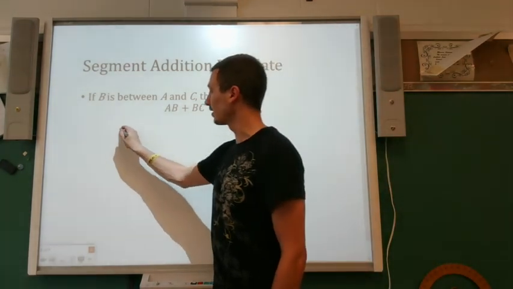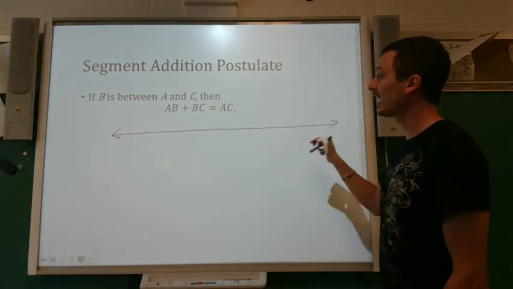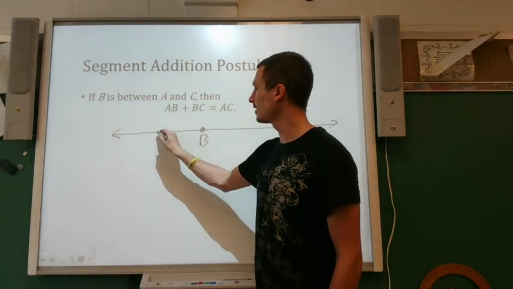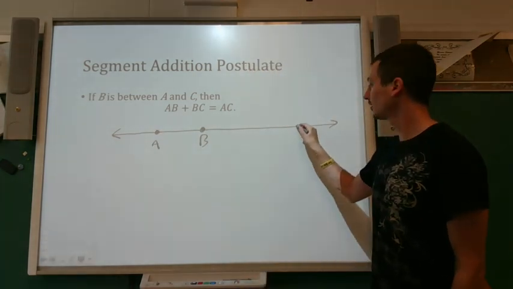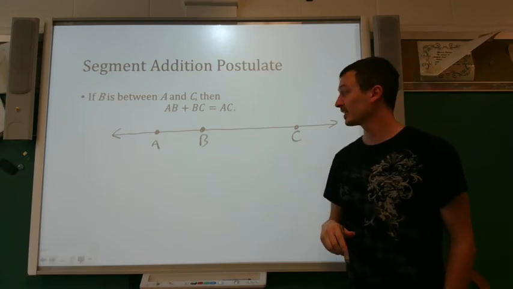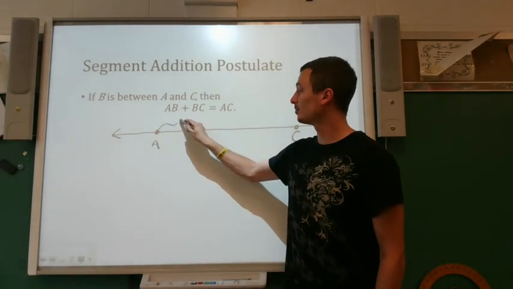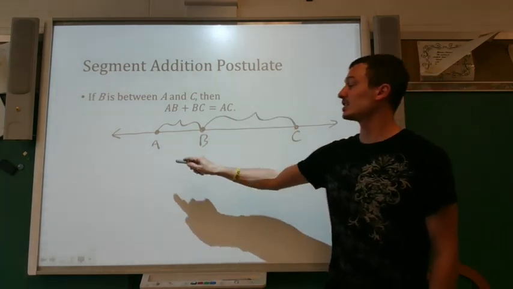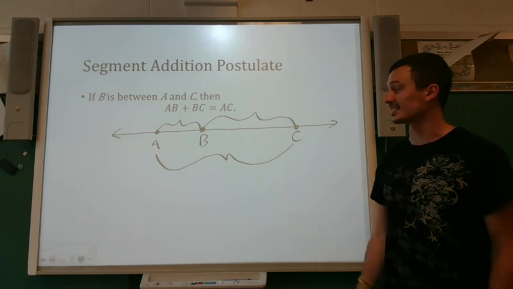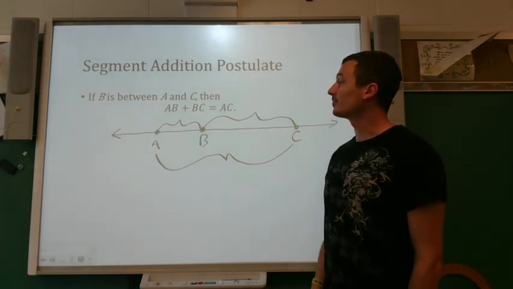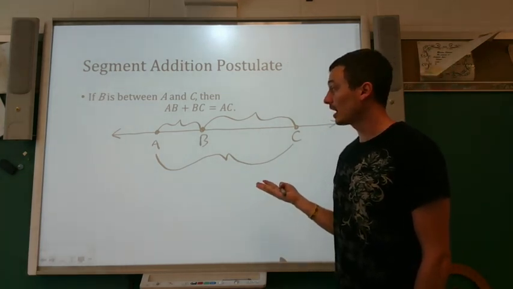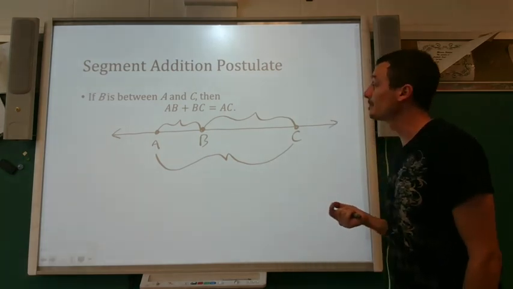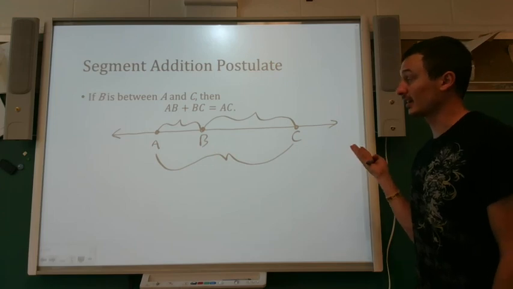If I have some line here, and B is between A and C, so maybe B is right here, A is right there, and C is right there, the distance between A and B plus the distance between B and C is the whole distance between A and C. So that's all that says. It sounds pretty complex, but that's it. That's all it's saying.